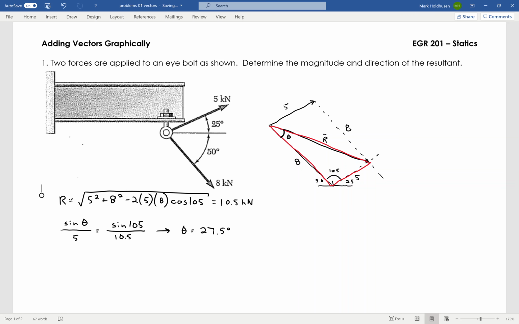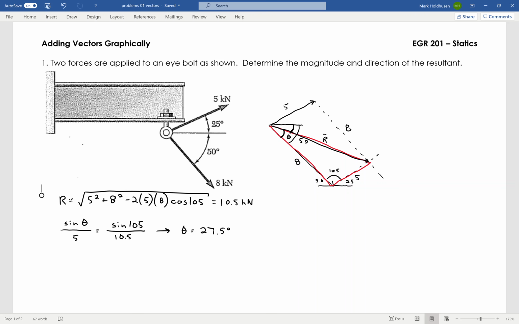Because what I know is this angle right here, from here to here, is 50 degrees. And I want to actually figure out this angle right here. That's the one that's of more importance to me. That's the angle from the horizontal that's of interest to me, which is going to be 50 minus that 27.5.